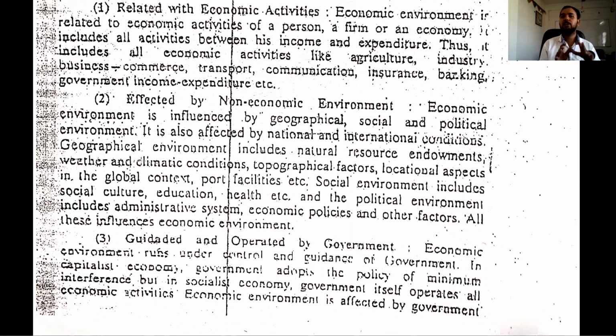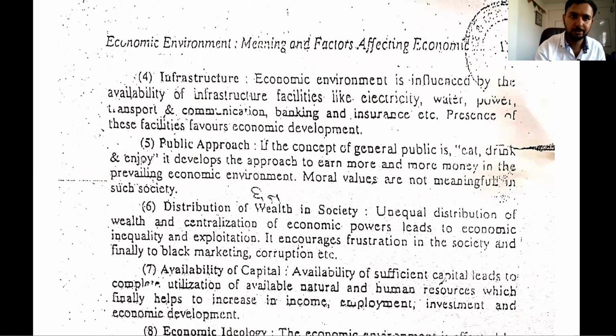Each and every individual or firm has to implement them, or they need to adjust to those factors. So all these policies are guided and operated by the government and can be considered external factors, because these situations cannot be controlled by a single firm or individual.